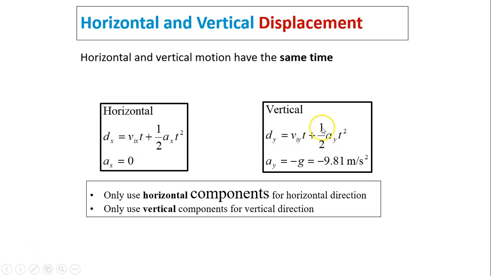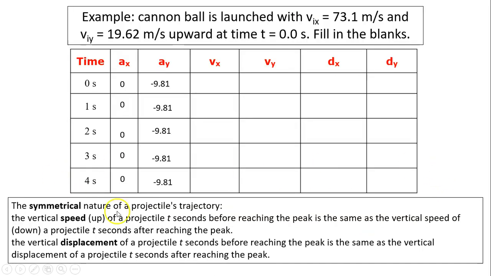In the vertical direction, if you didn't have acceleration, it would just keep going up, but you have downward acceleration that drags it down, so you have to subtract. So this one is add, but since ay is negative, you have to subtract this component for free fall. So again, only use the horizontal component for the horizontal direction, and only use vertical components for the vertical direction.